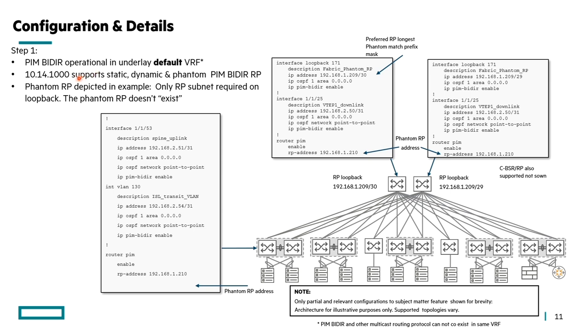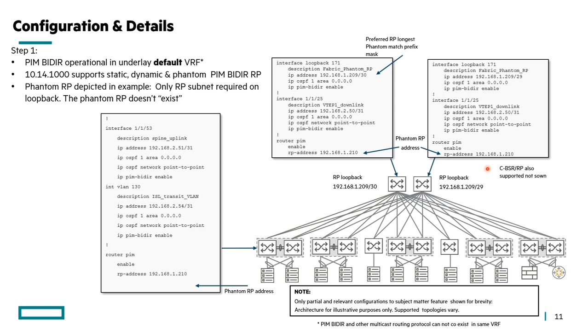Now 10.14.1000 supports static, dynamic and phantom RP for PIM bidirectional as an RP. In this example we've depicted a phantom RP in the configuration, but you can use candidate BSR and candidate RP, which is not shown in the configuration. Please look at the 10.14.1000 update for PIM bidirectional to see how to configure that.